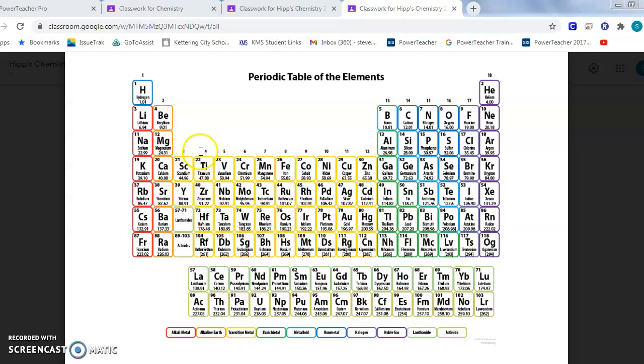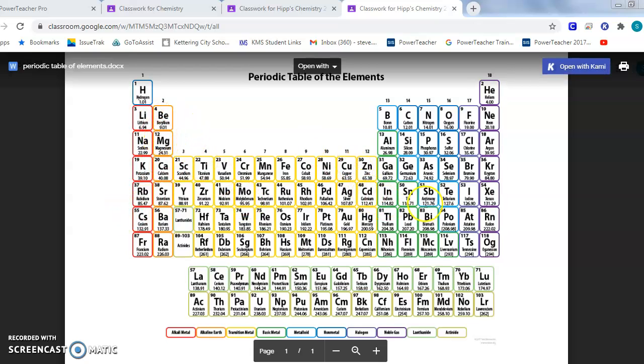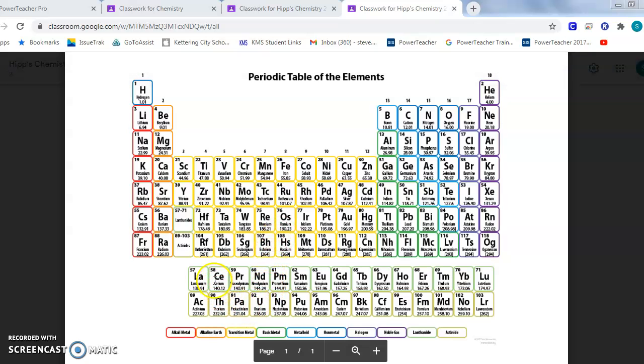Count with me here. 1, 2, 3, 4, 5, 6, 7, 8, 9, 10. There are 10 columns on this part of the table. What sublevel holds 10 electrons? The D. This is the S part of the table, the P part of the table, the D part of the table. Count with me right down here.